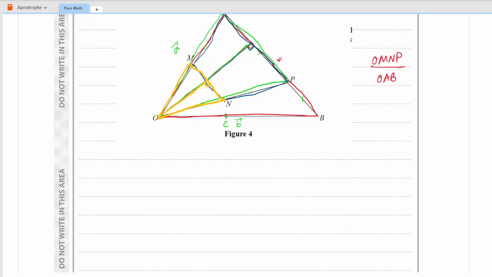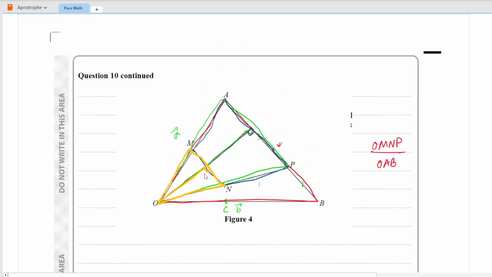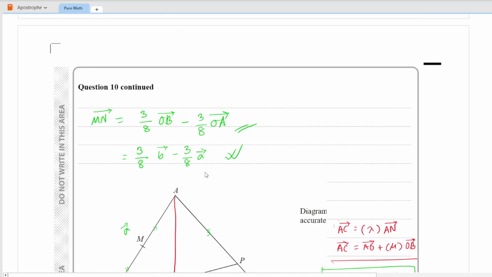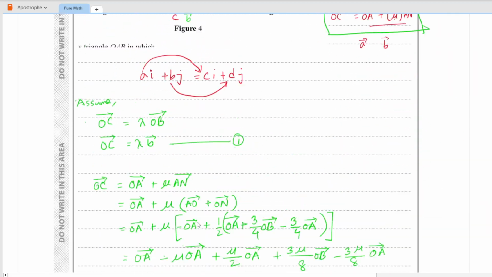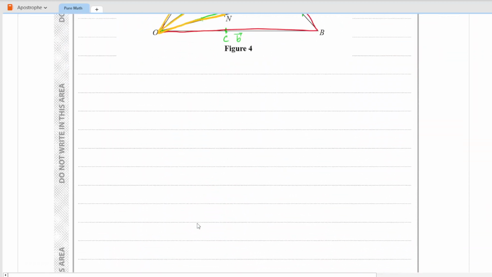Now, how do I know this is half of the total? The question asked for OMNP, sorry, not OMNM, OMNP.